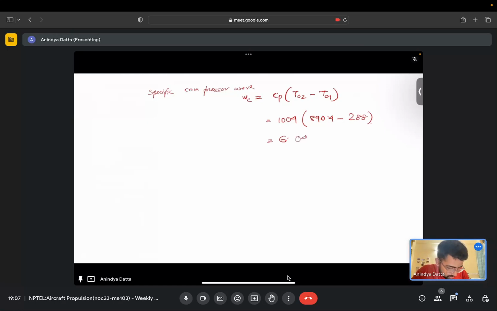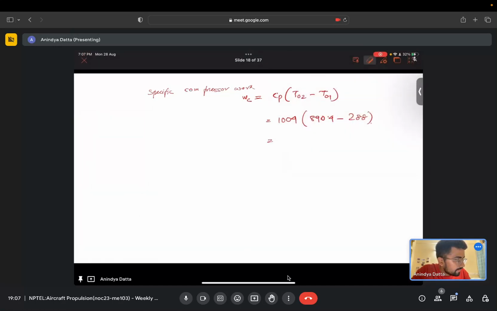604.8 kilojoule per kg. Okay, now to calculate compressor power, this will be the mass flow rate of air times the specific compressor work.